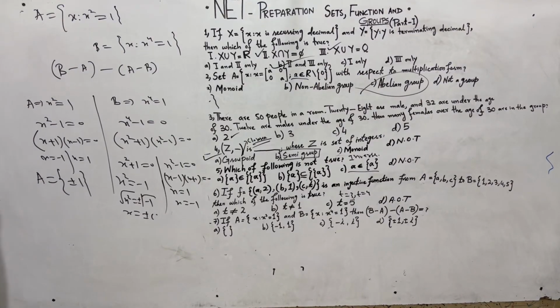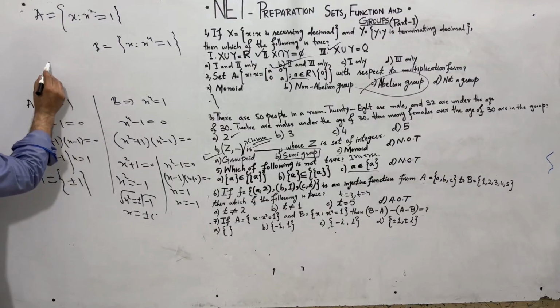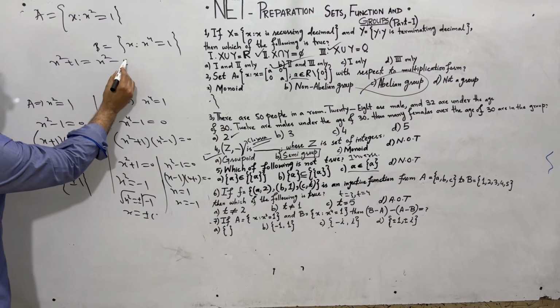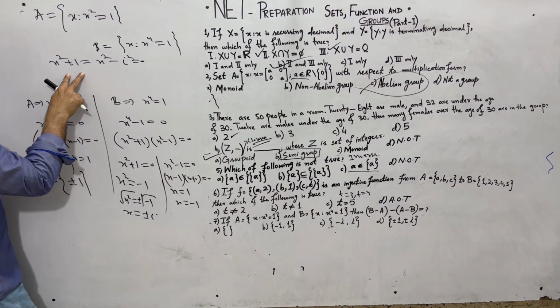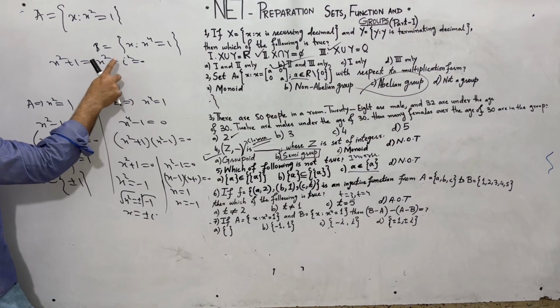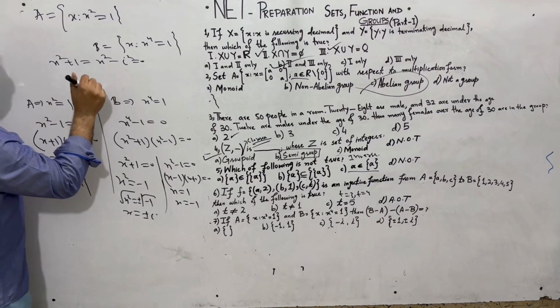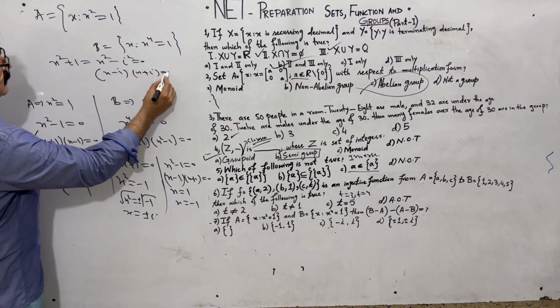Or one can factorize x square plus 1 as x square minus iota square. Iota square is equal to minus 1, so minus minus 1 gives plus 1, we will get the same. So from this, I can easily factorize x minus iota, x plus iota.